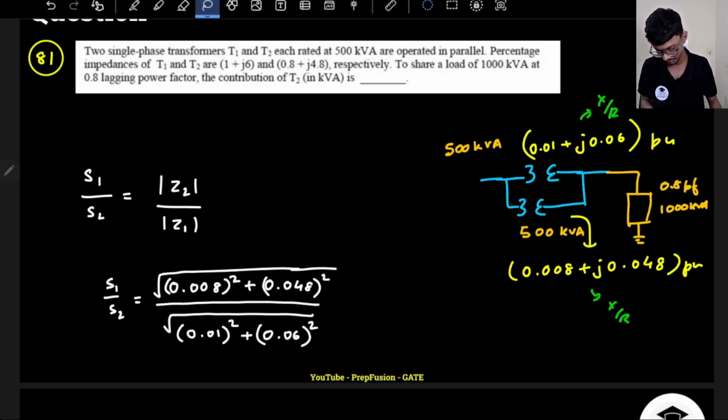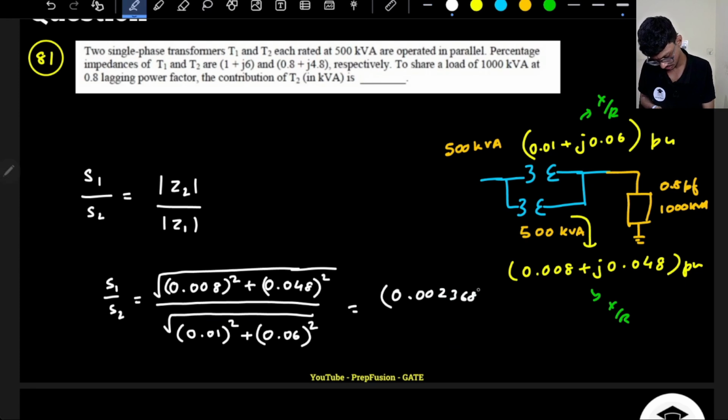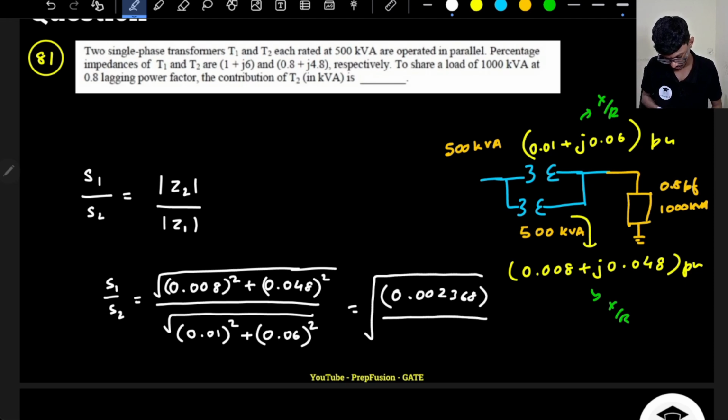Now if I calculate these values, the numerator is 0.002368 under root, divided by 0.01 squared plus 0.06 squared, which is 0.0037.